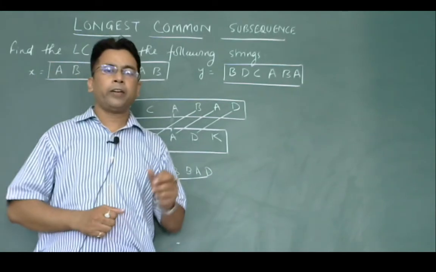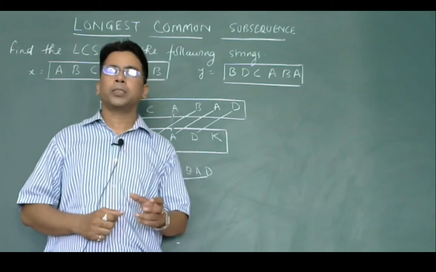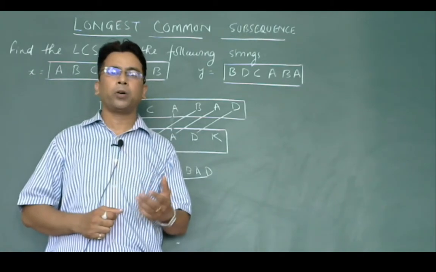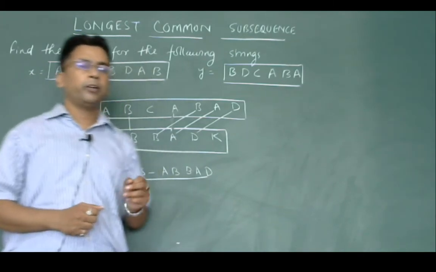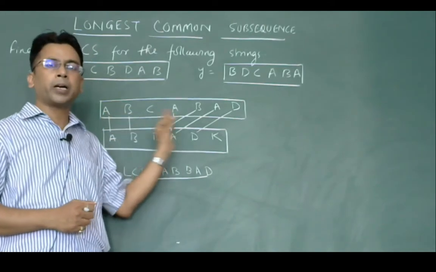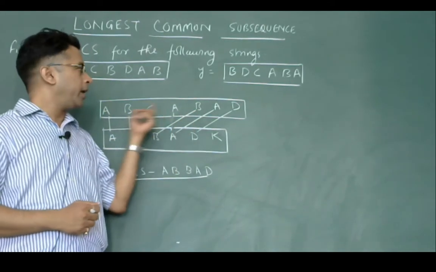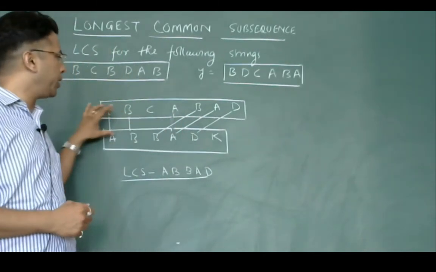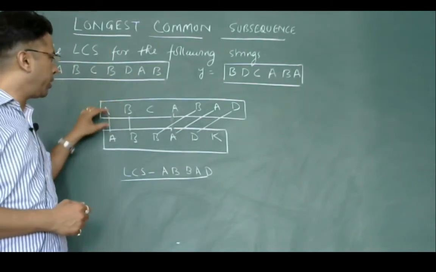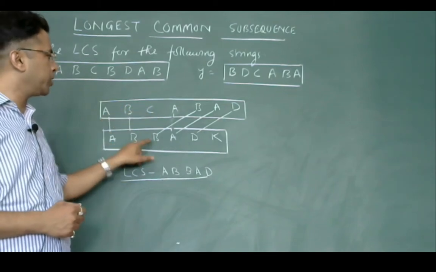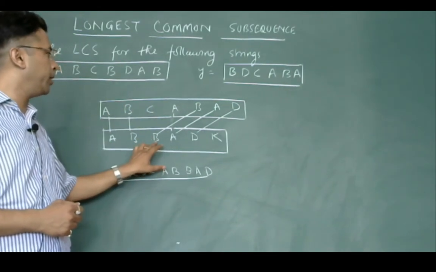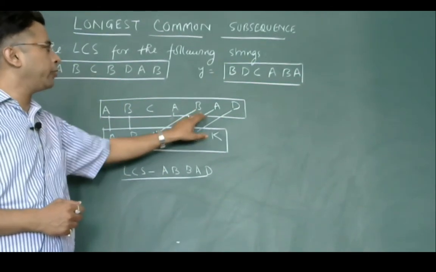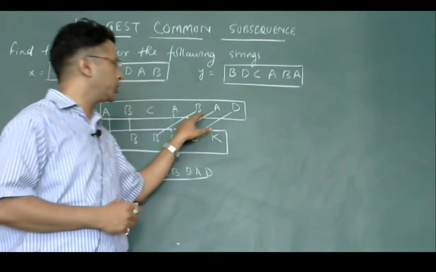In day-to-day life, when we match two substrings, they are not considered matched if the matching elements occur at a distance; they should be consecutive. But here A, B are matching one by one, and I am matching the third position element of the second string with the fifth position element.